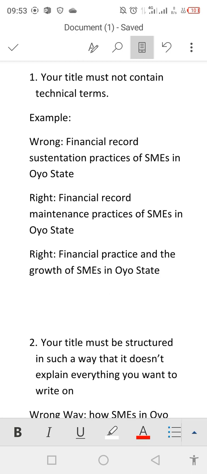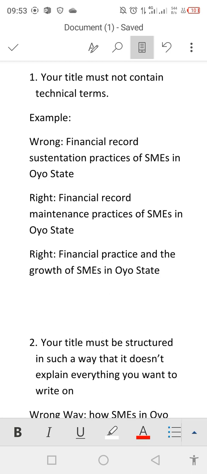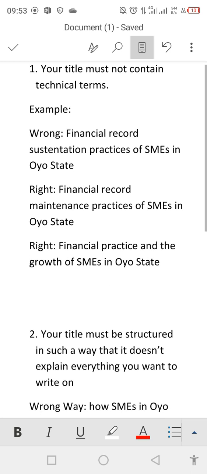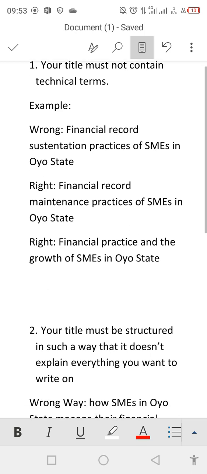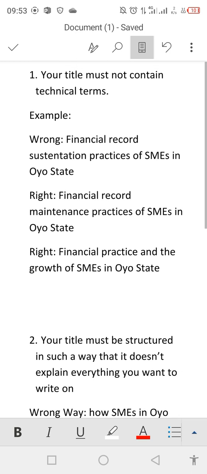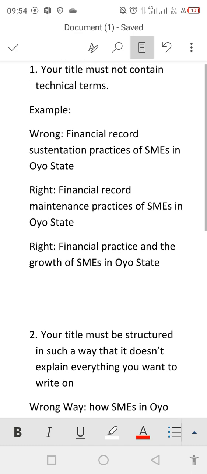A wrong way for me to structure that interest into a research title is to write: financial record sustentation practices of SMEs in Oyo State.